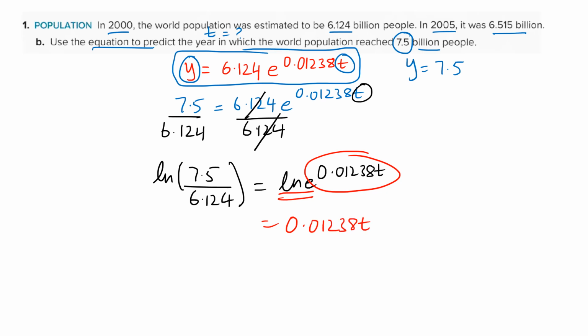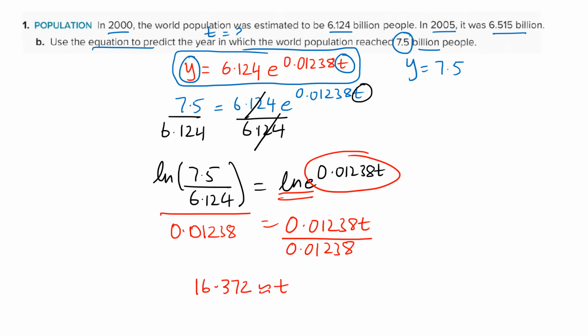And if you use your calculator and get the log value, eventually we have to divide it with this decimal because we don't want this decimal on both sides. So the whole thing, this side also gets divided with 0.01238. So this value will come out to be approximately 16.372, which is the value of your t.